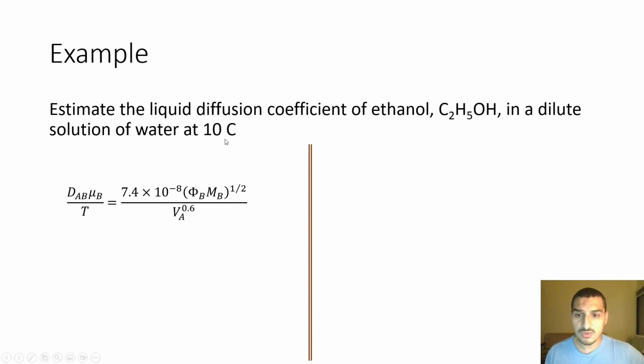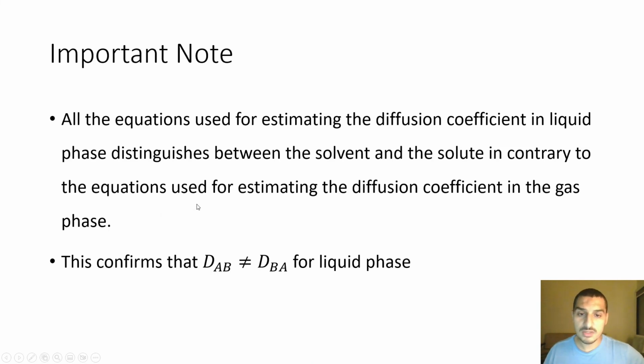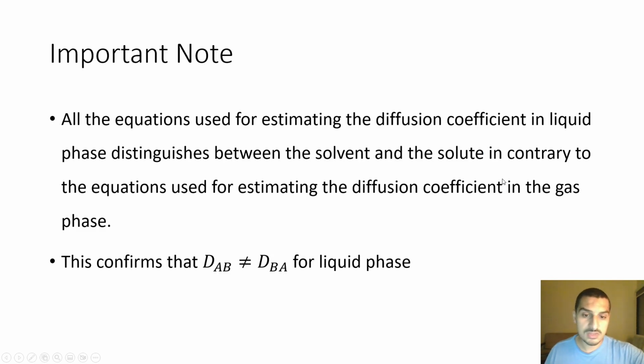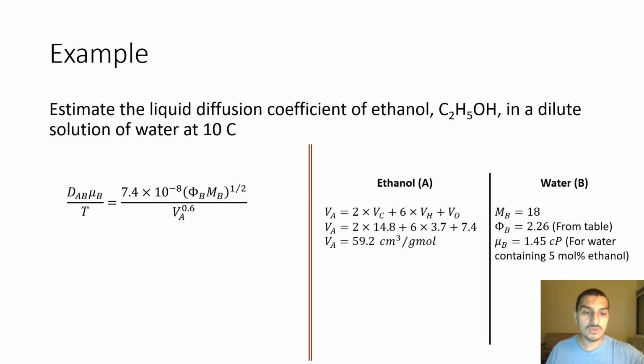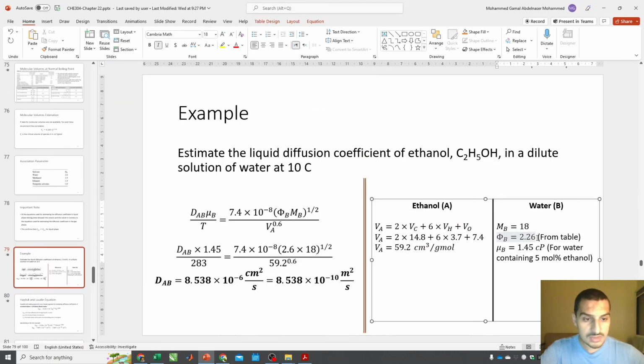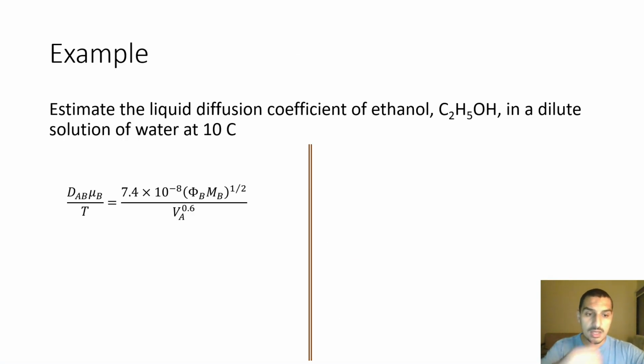The information that we know is the temperature, 10 degrees Celsius, which is 283 Kelvin. Viscosity of water, I can get from any textbook, or you can check online, you'll find a lot of values. So the point here is to calculate VA and phi B. If we check the table, we will find that phi B equals 2.6 for water, not 2.26.